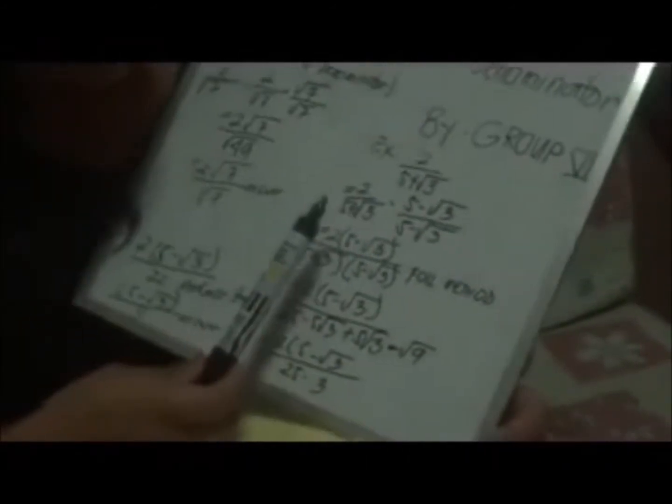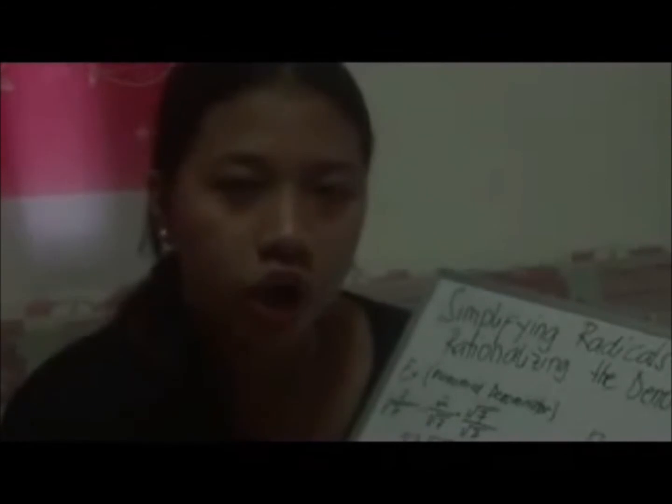So, when multiplying denominators in this problem, distribute or use the FOIL method. So, di-distribute po natin siya or depende kung ano po yung gusto nyo, distribute or use FOIL method. So, ito po, di-distribute po natin yung 5 doon po. Then, distribute din po yan.